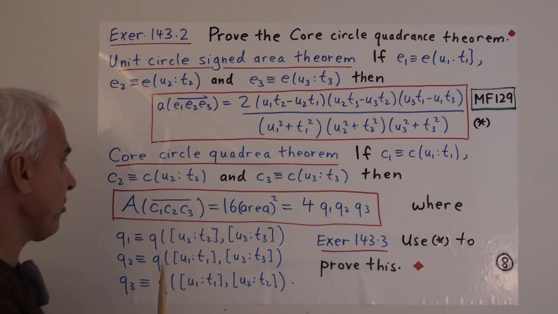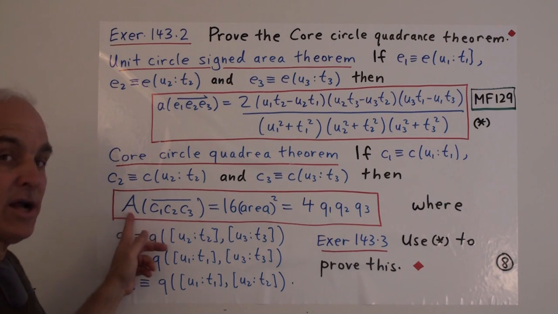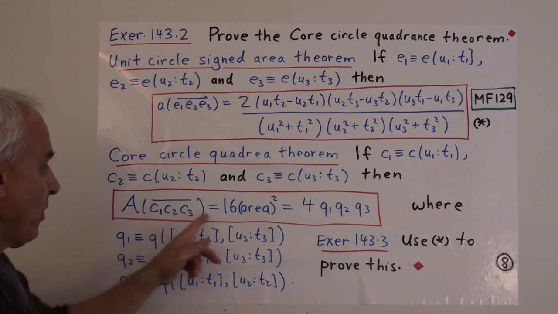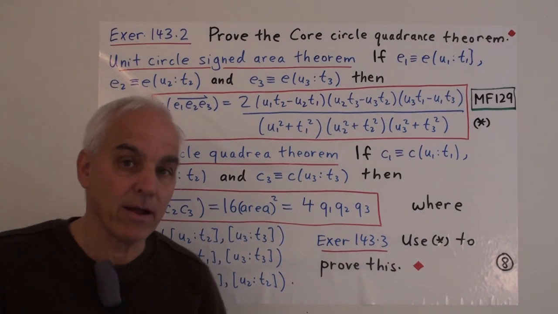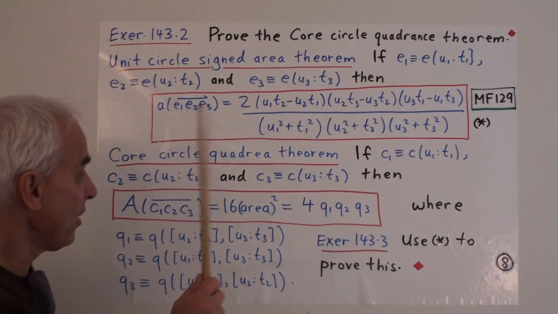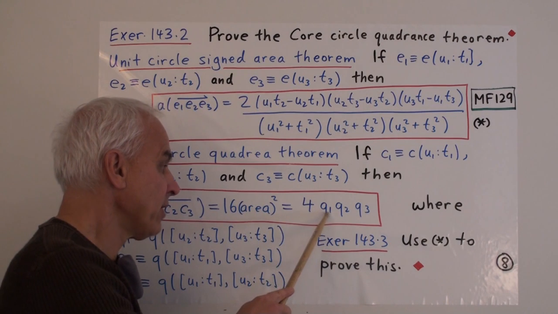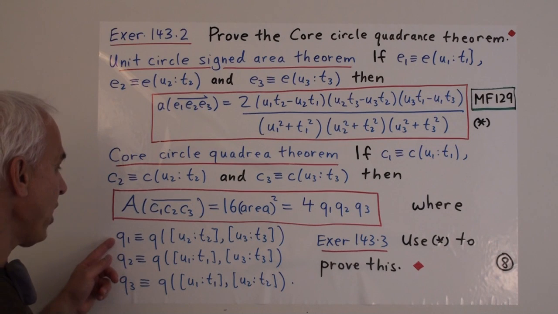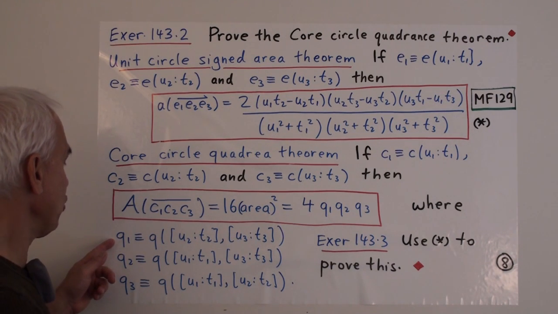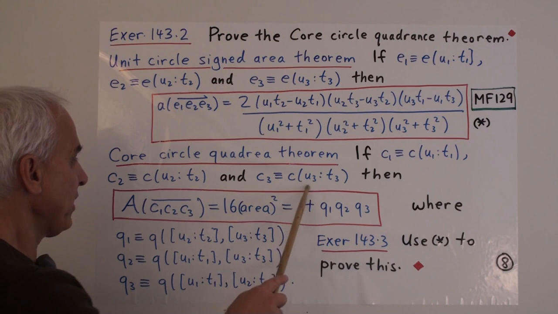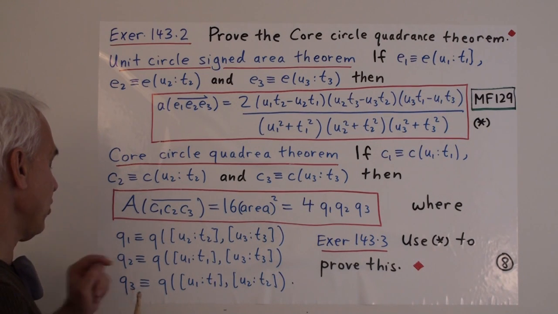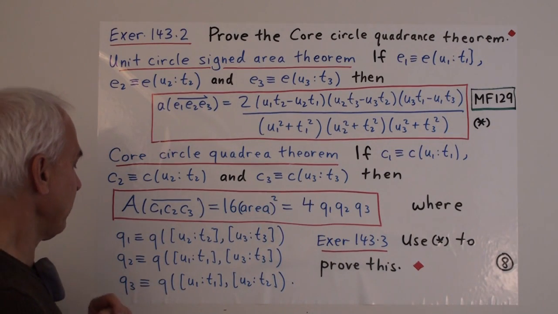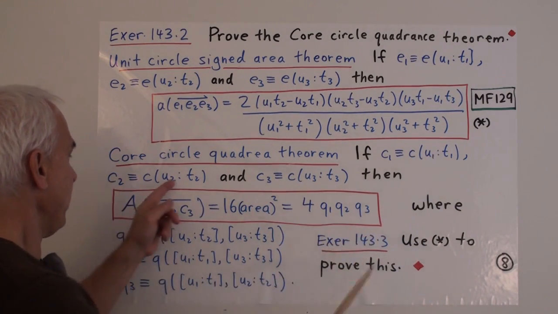Then the theorem is that the quadrea of this triangle, C1, C2, C3, which I remind you is 16 times the square of the area, is 4 times Q1 times Q2 times Q3, where Q1 is the projective quadrance between this projective 1 point and this projective 1 point. And Q2 is the corresponding one between these, and Q3 is the projective quadrance between this one and this one.